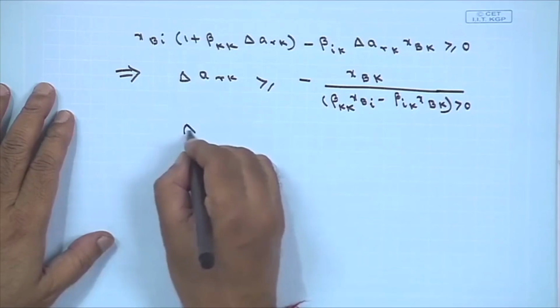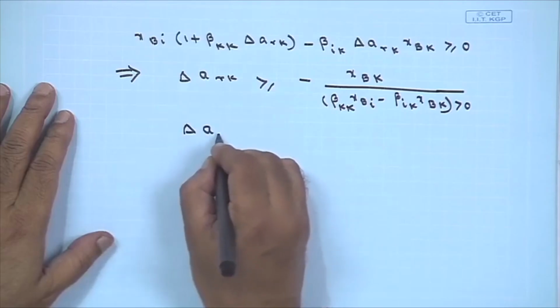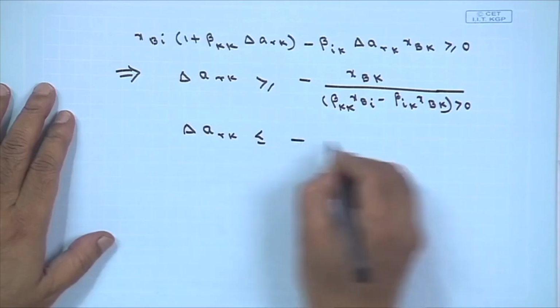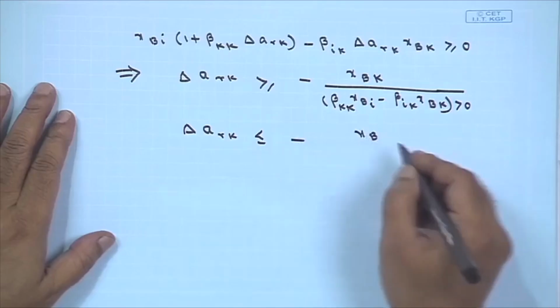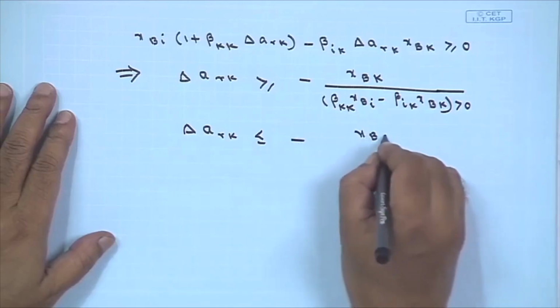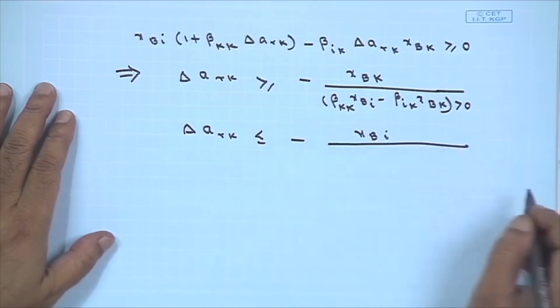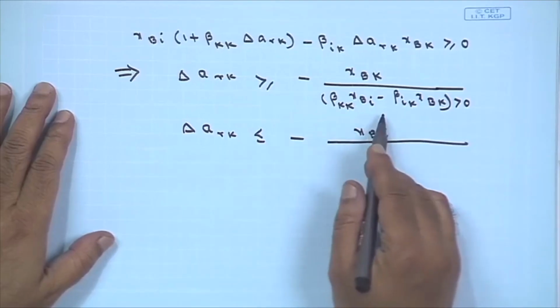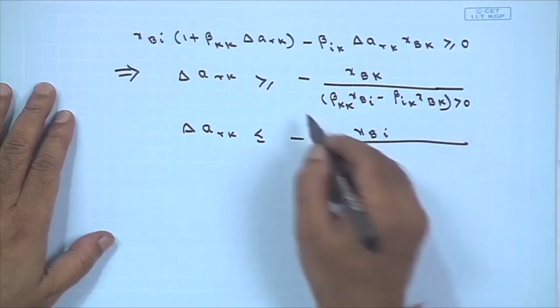And similarly, delta a_rk will be less than or equal to minus x_B_i divided by beta_kk x_B_i minus beta_ik into x_B_k.